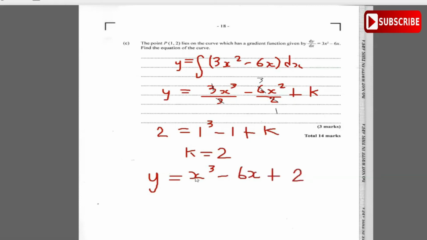And you can check it when x is 1 in this. 1 cubed minus 6 times... Where do I get 6 from? It's x cubed minus 3x squared. I can check it when x is 1. 1 cubed minus 3 times 1 squared plus 2.